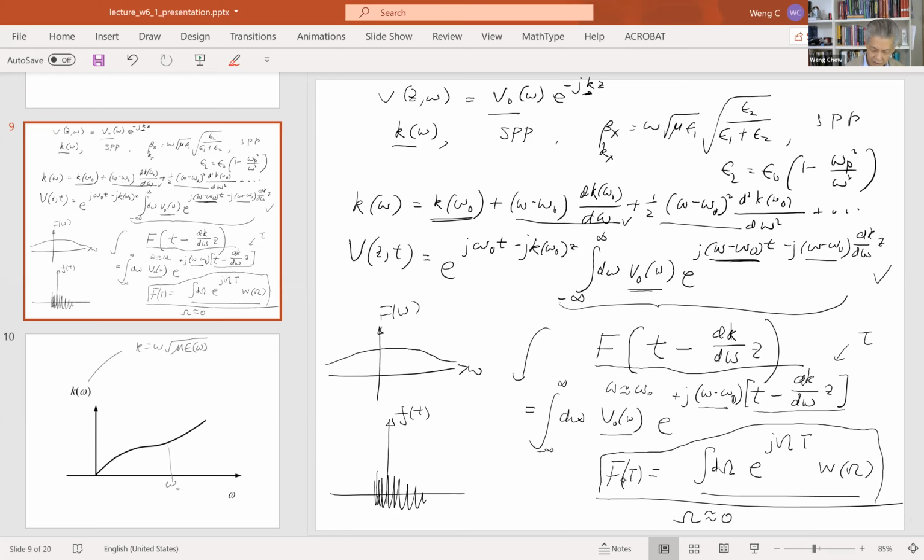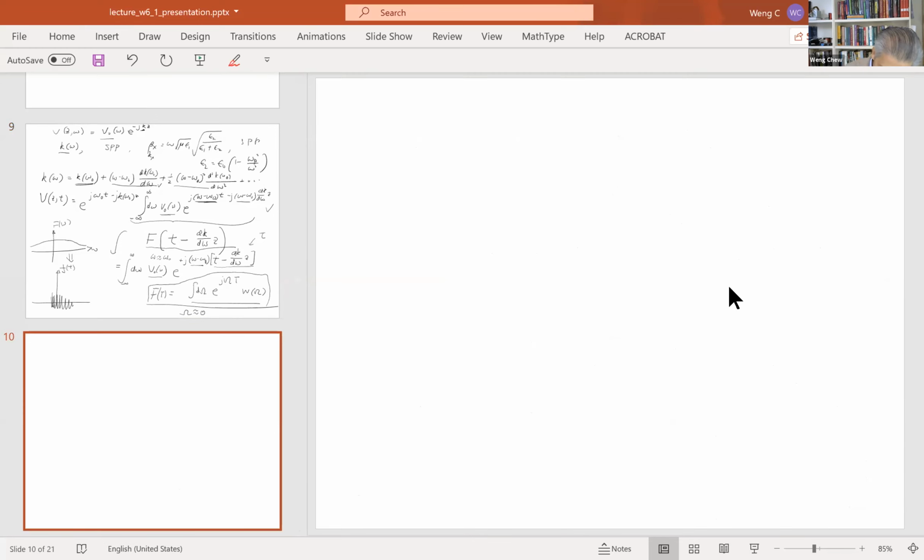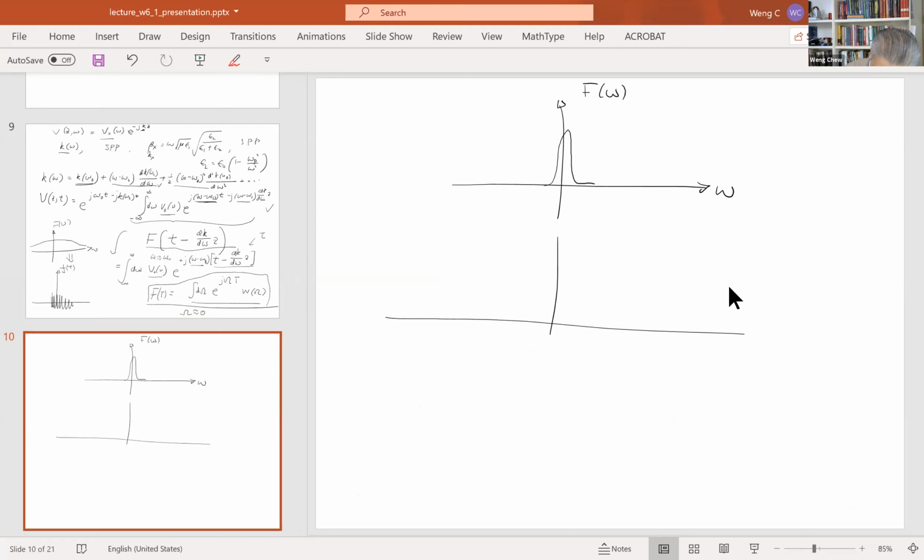However, if I have something in the frequency domain, say a signal that is very narrow band, in the time domain, this will be slowly varying. Okay, that kind of intuition you should develop.